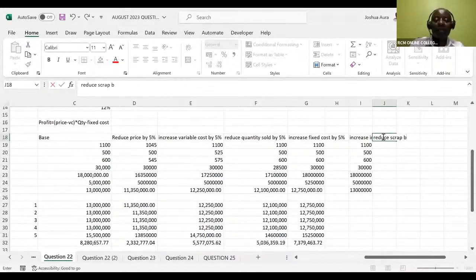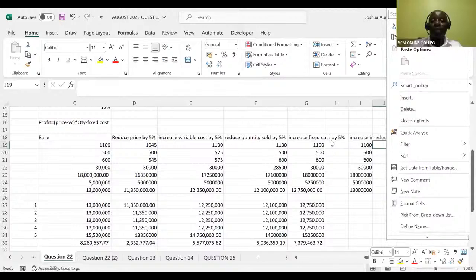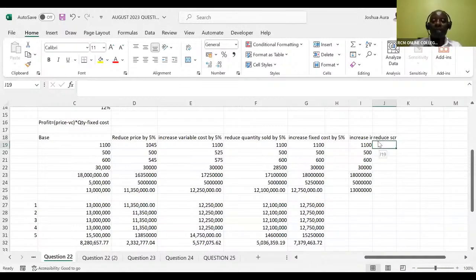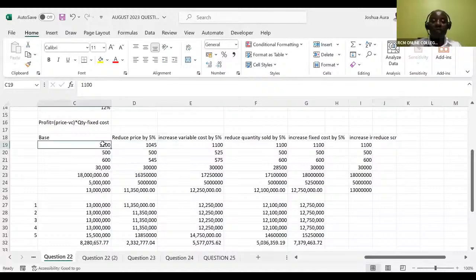Reduce scrap by 5%. Great. So control, I'm just picking this. I'll get back here to the base. Control C.